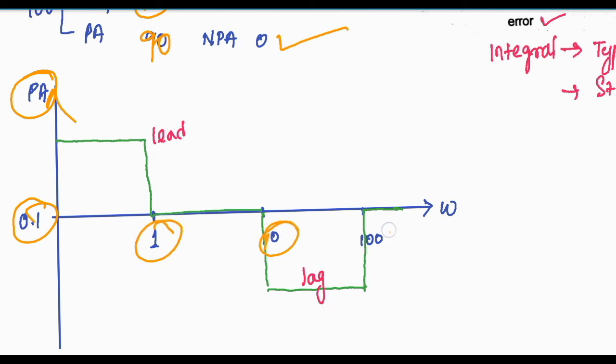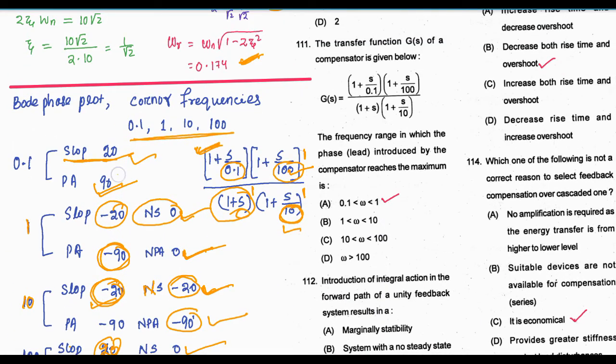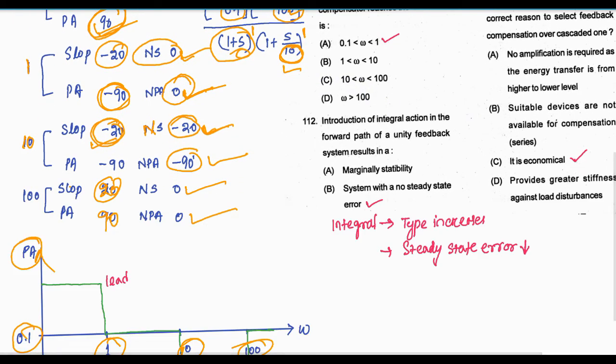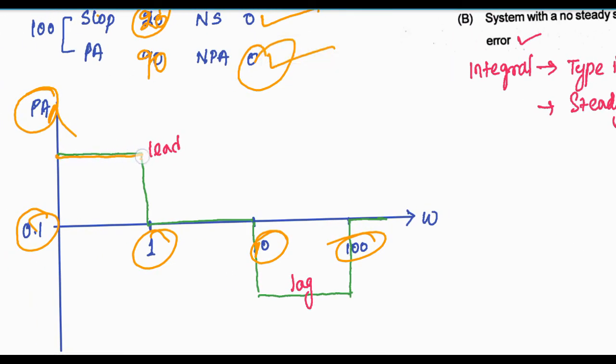The net phases are 90, then 0, then minus 90, and again 0. So we represent 90 up to 1, then 0, then minus 90, and again 0.